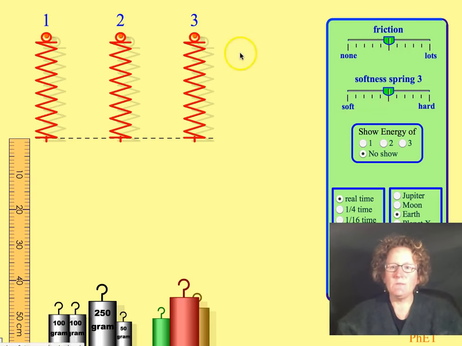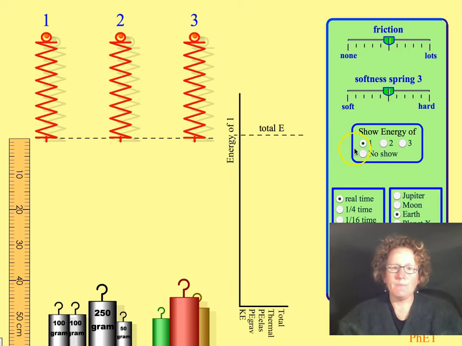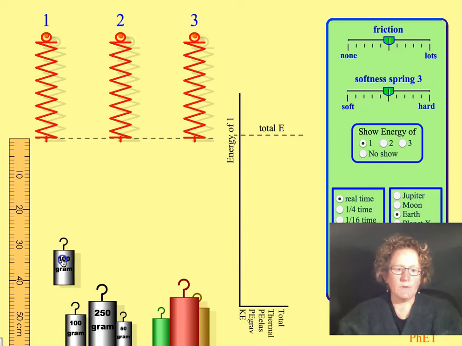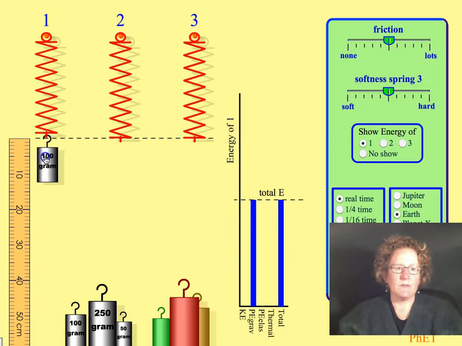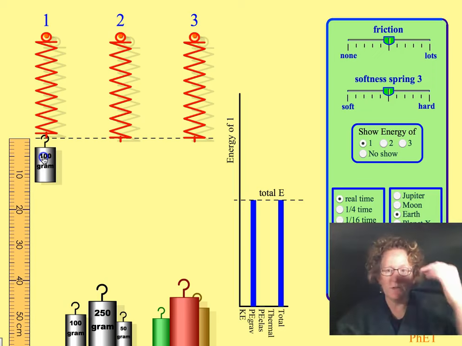So in the simulation, we want to do show energy of spring 1. Here's the graph that will appear. And don't worry if nothing appears yet. We need to put a mass on there. And you can see now we have some potential energy due to gravity. In other words, this weight can fall, so it has potential energy to create kinetic energy as it falls.